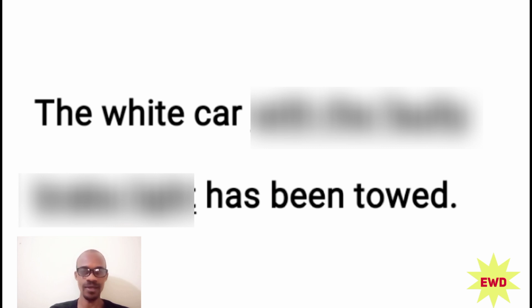So what element is the underlined part providing additional information on? It says the white car has been towed. Now I can ask you, which white car has been towed? There are so many white cars out there. Which exact white car? Which specific white car? Can you describe the precise white car that has been towed?